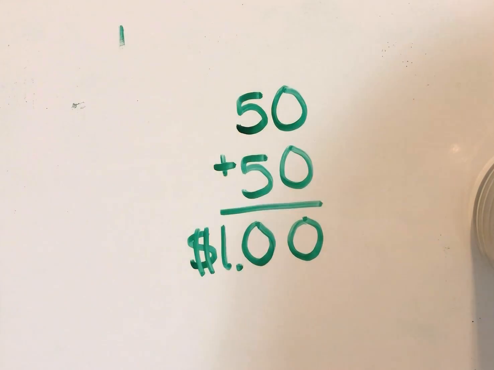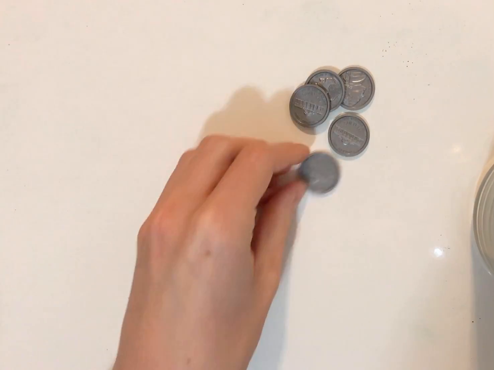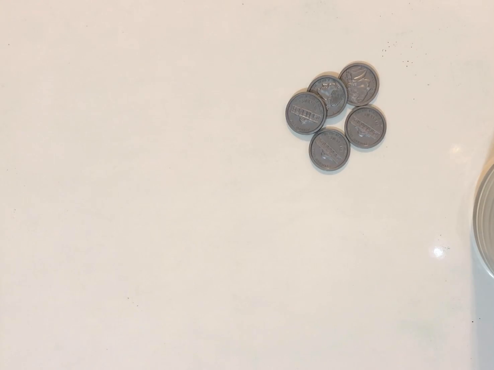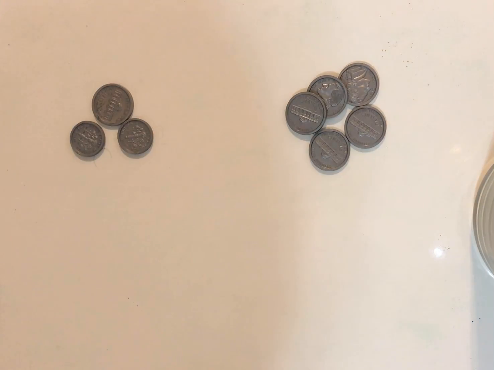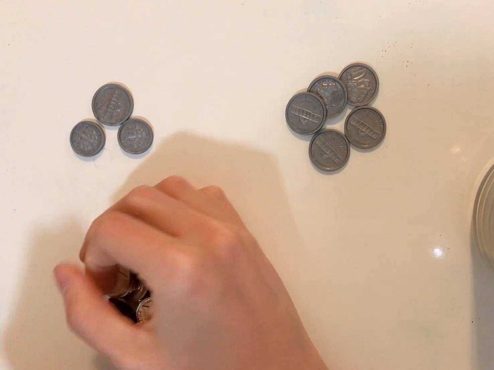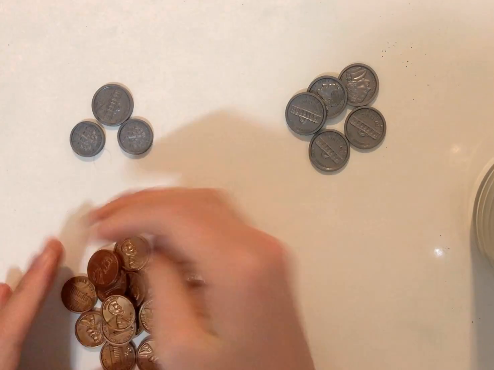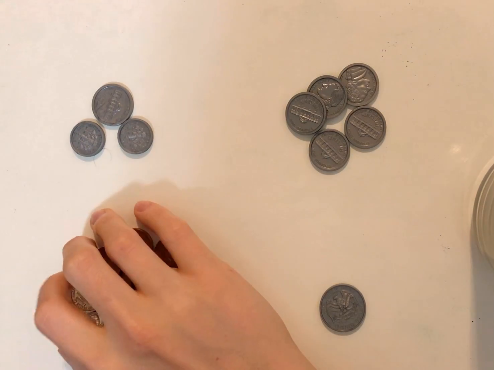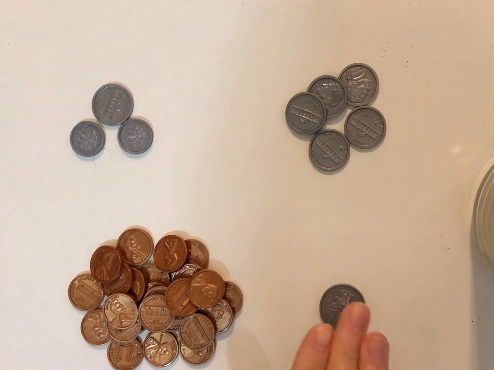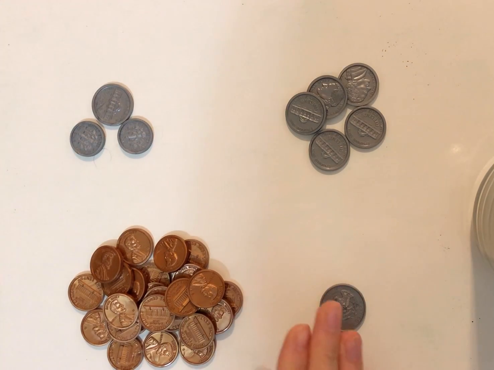It's our biggest amount. We're going to practice some other counting here. So let's say I have this pile of coins, and this pile of coins, and this pile of coins, and this one. We're going to count these different amounts because these piles look very different. They have different coins in them, and so we're going to practice adding them.